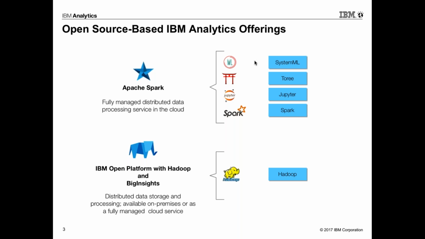We have Apache Spark. It's fully managed and resides on resilient distributed data processing services in the cloud, and it comprises System ML, Tori, Jupyter notebooks, and Spark as the core processing engine itself.